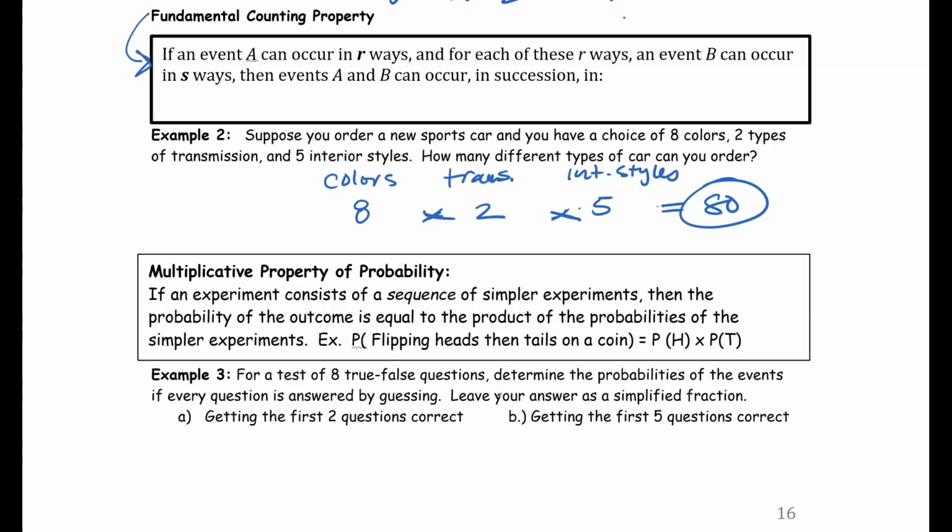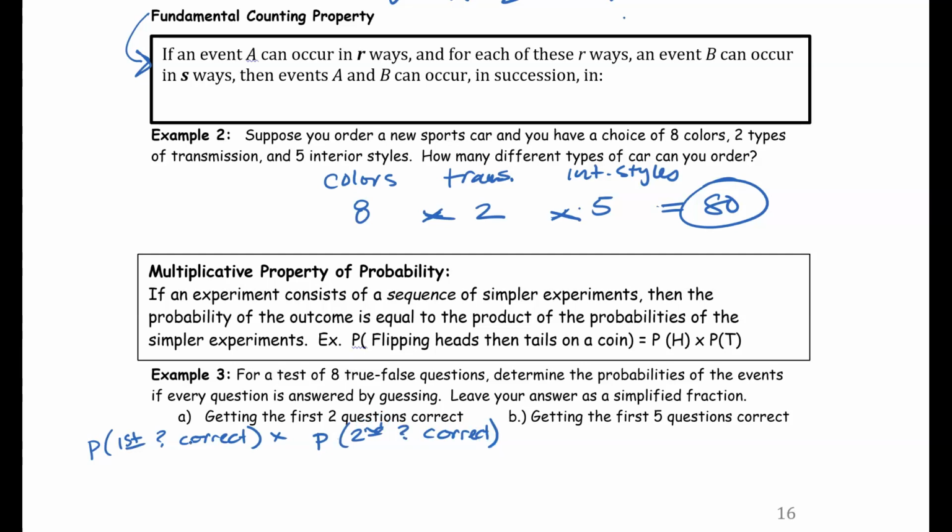So for a test of 8 true-false questions, determine the probabilities of the event. So part A asks, what's the probability of getting the first 2 questions correct? So the first question correct and then the second correct. So what we can do is we can just split that up and say, well, let's find the probability of getting the first question correct, and we'll multiply that by the probability of getting the second question correct.